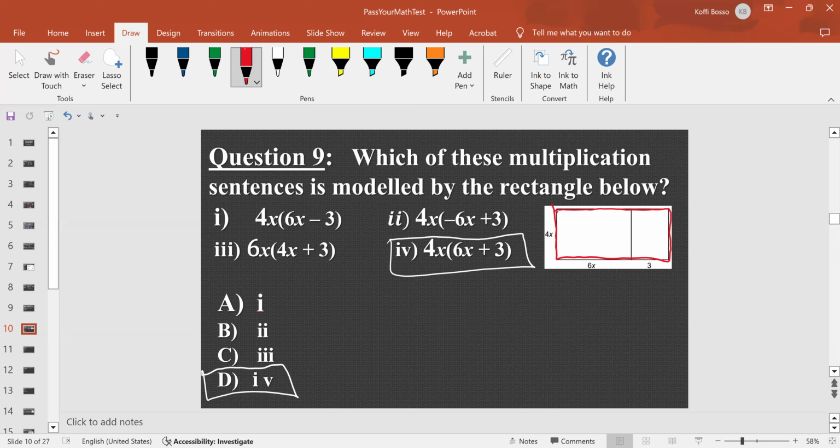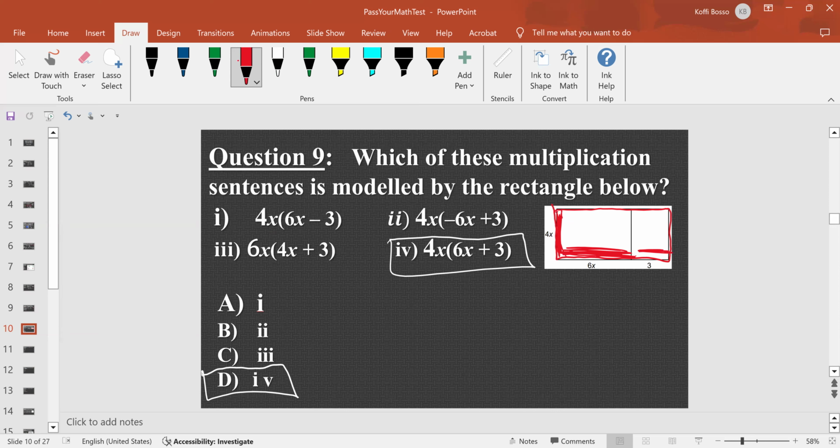The 4x is the width here. So that's this width. We have a 6x, which is this length. And we also have a 3, which is here.